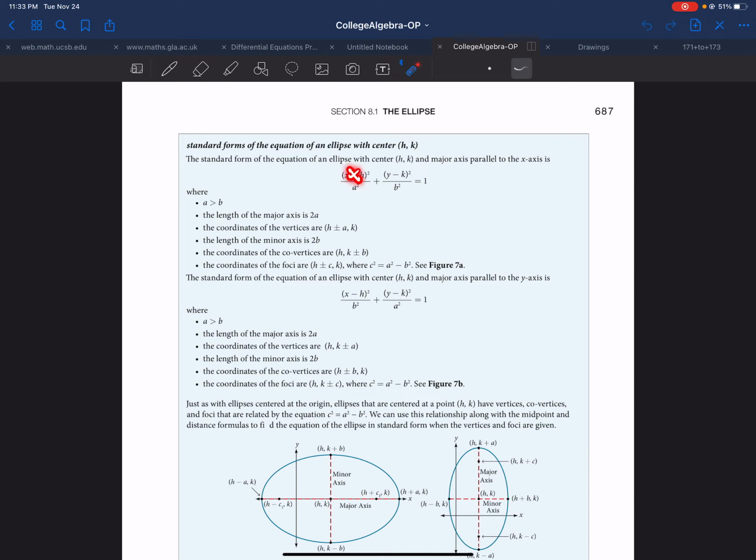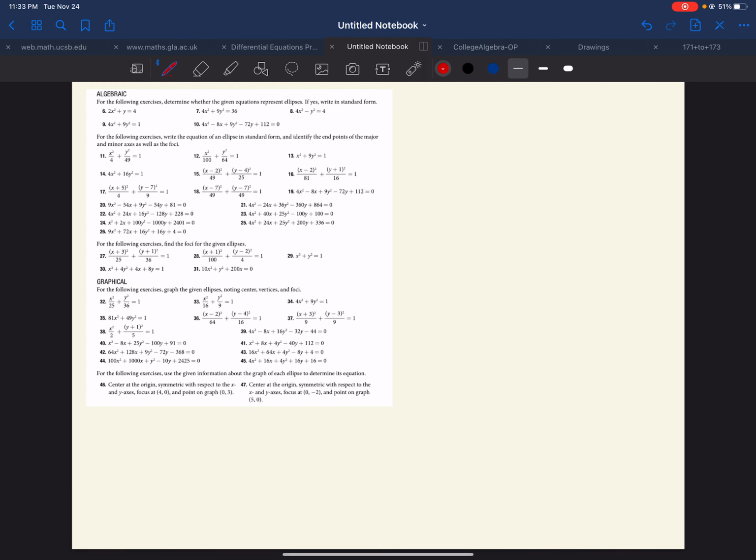It used to be x squared and y squared here, and now they have x minus h and y minus k. And remember, when we had x minus h squared plus k, that x minus h shifts the graph to the right or to the left. And so in that case, the vertex is no longer at 0, 0. So let me show you how this works out in this problem.